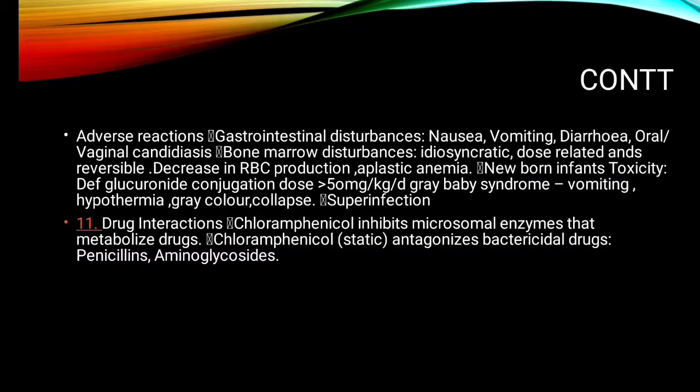Its toxicity is due to glucuronide conjugation, dose 50 mg per kg per day, and it can precipitate gray baby syndrome as shown in the picture previously, causing vomiting, hypothermia, gray color and baby collapse.